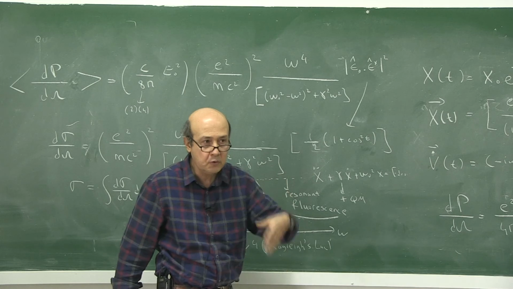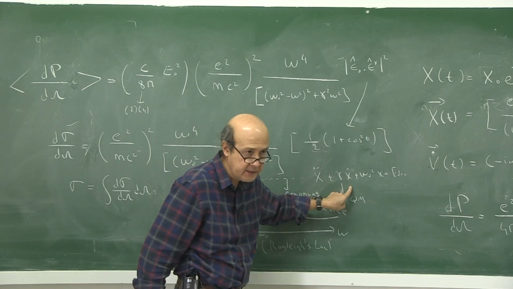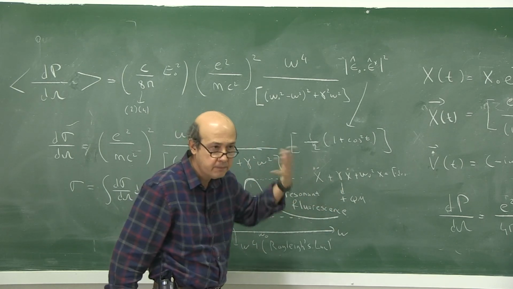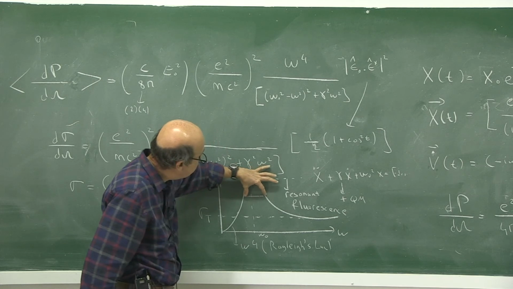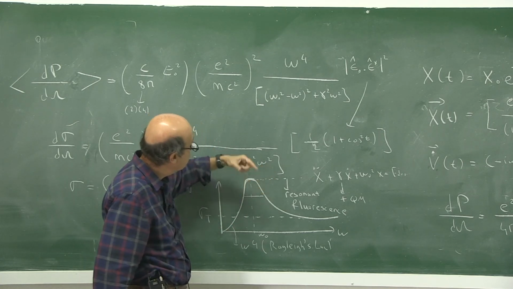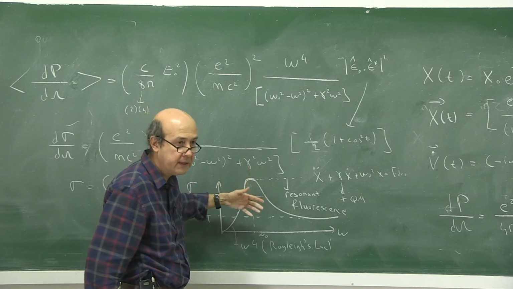But if you include the quantum mechanical effects, that will be proportional to x dot. In other words, gamma will be replaced with another gamma prime. But that will be related to the radiation damping plus some other quantum mechanical effect.